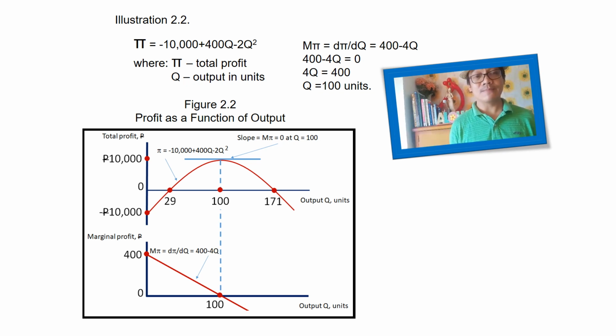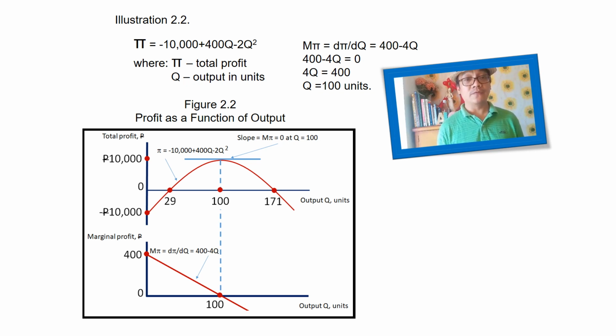The profit maximizing output is calculated by finding the derivative of the function, then determining the value of Q at which the derivative or marginal is equal to 0. So you have here the marginal profit equals the first derivative of the profit function, which is equal to 400 minus 4Q. Equating it to 0, we have 400 minus 4Q equals 0.